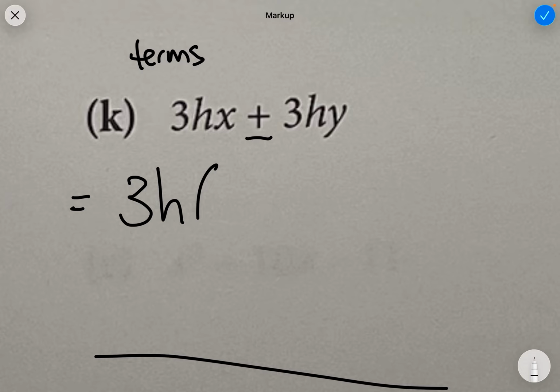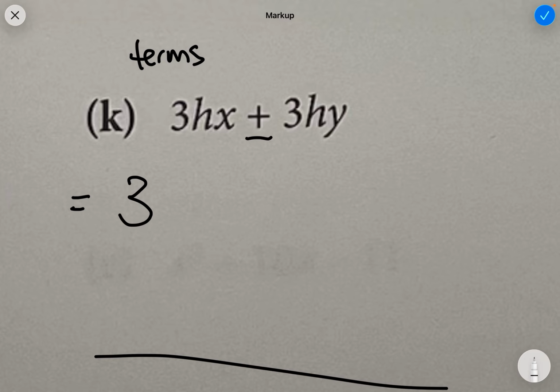Okay? But in this case, 3 is not the only factor because the front term can divide by h. The back term can also divide by h. Okay?